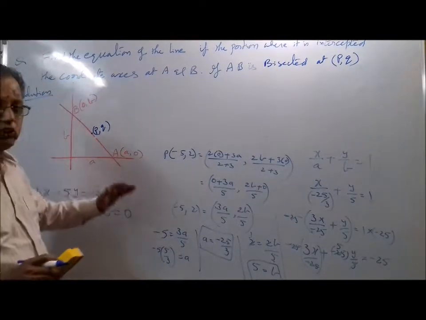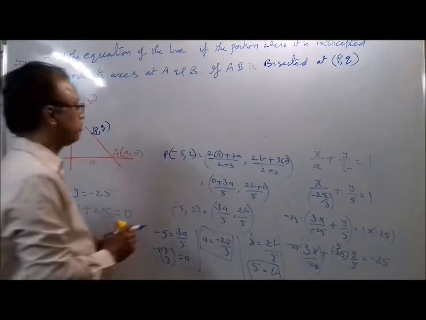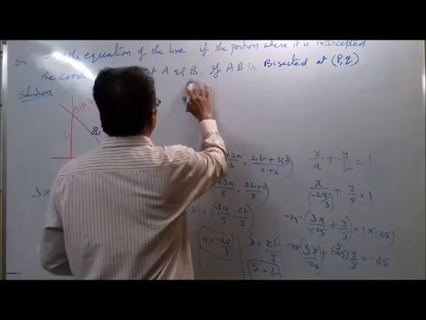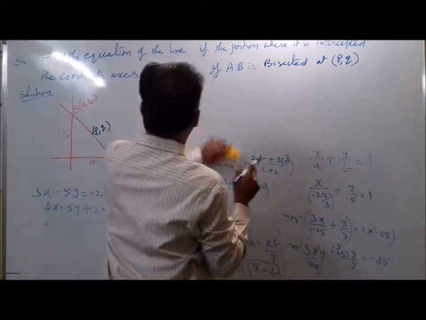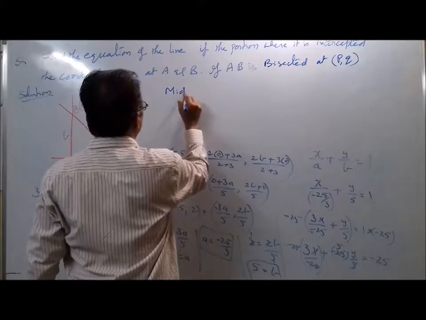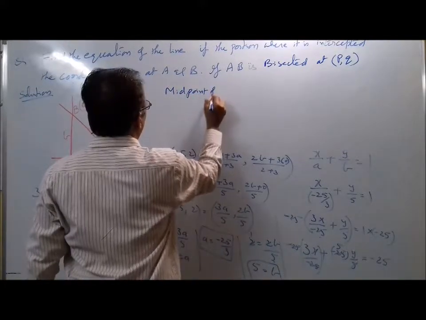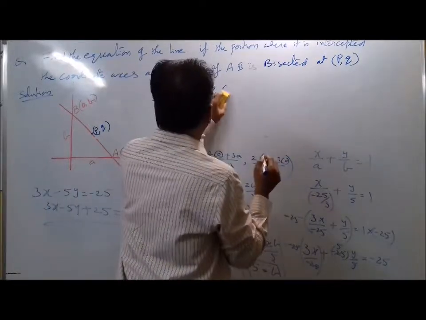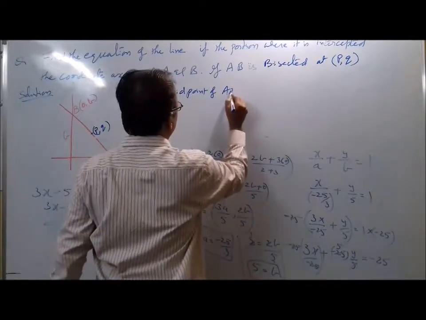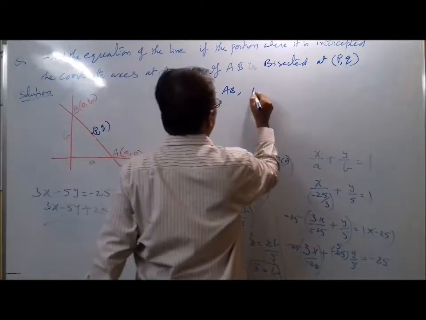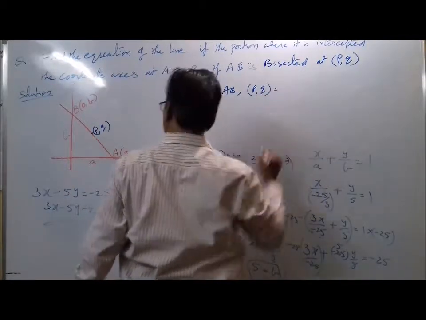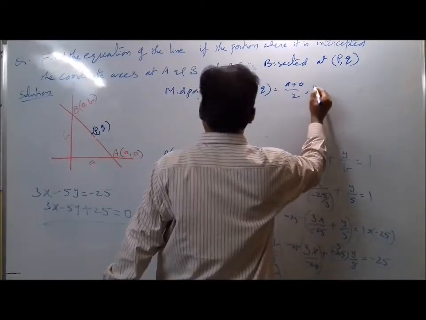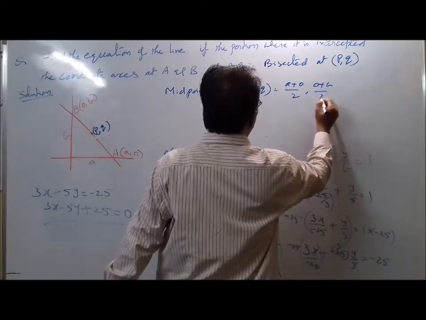x1 plus x2 by 2, y1 plus y2 by 2. That is P comma Q, the midpoint of PQ. Midpoint of the line AB is P comma Q, is equal to x1 plus x2 by 2, a plus 0 by 2, 0 plus b by 2.